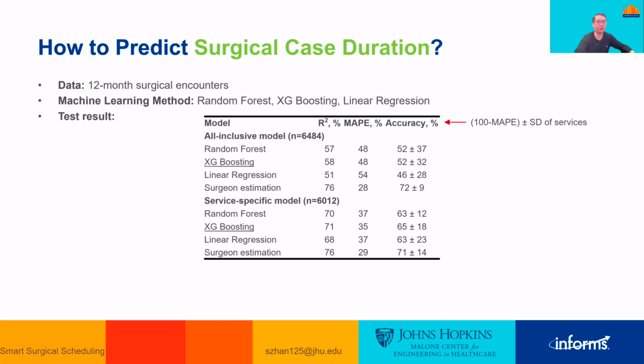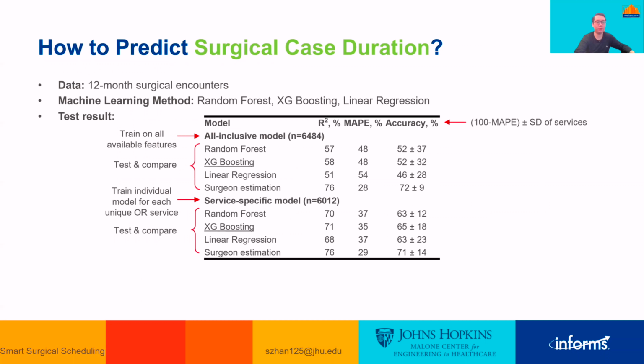We developed two types of candidate models: an all-inclusive model that trains on all available features, and a service-specific model that trains individual models for each OR service. For each model type, we apply three machine learning algorithms: random forest, XG boosting, and linear regression. Then we test the candidate models on the test set and compare the result with surgeon's estimation.